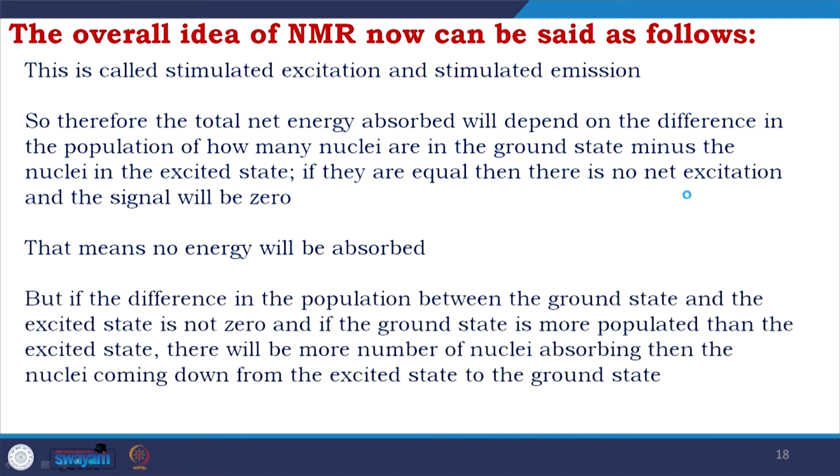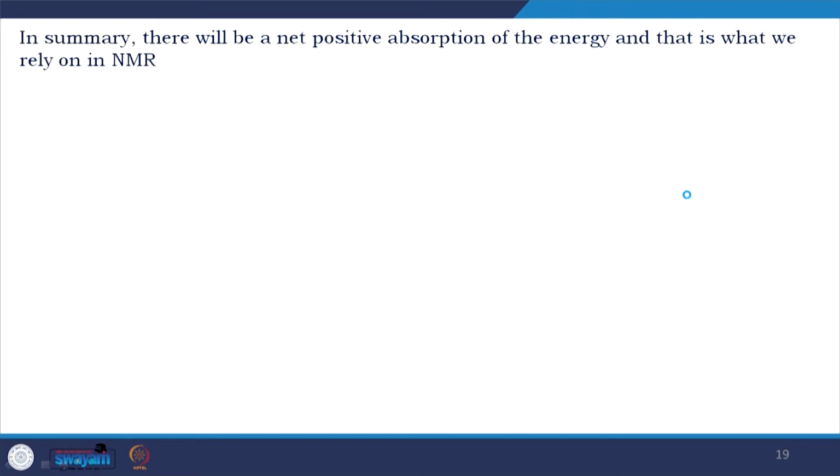But if the difference in the population between the ground state and the excited state is not 0, and if the ground state is more populated than the excited state, there will be more number of nuclei absorbing than the nuclei coming down from the excited state to the ground state, which is the matching energy, and that is where the signal comes.